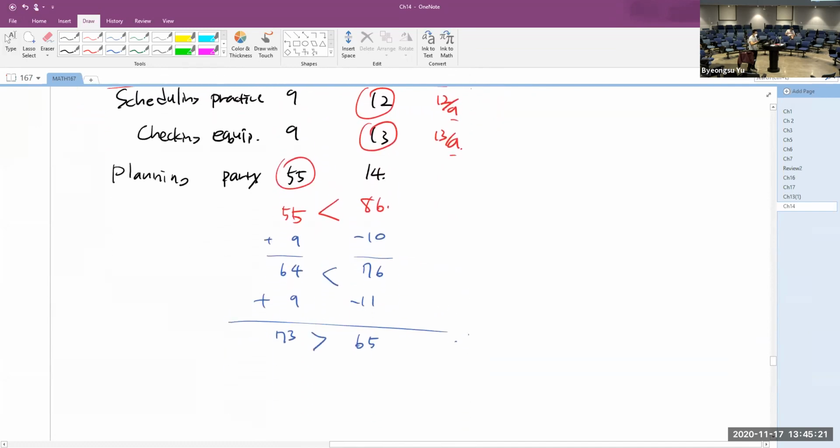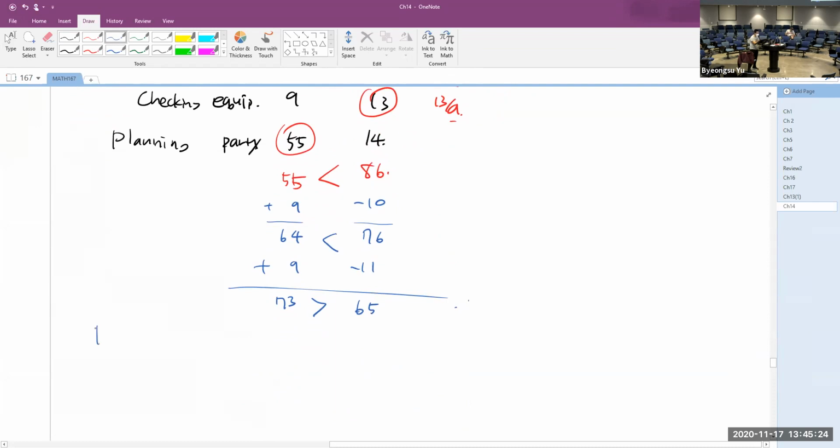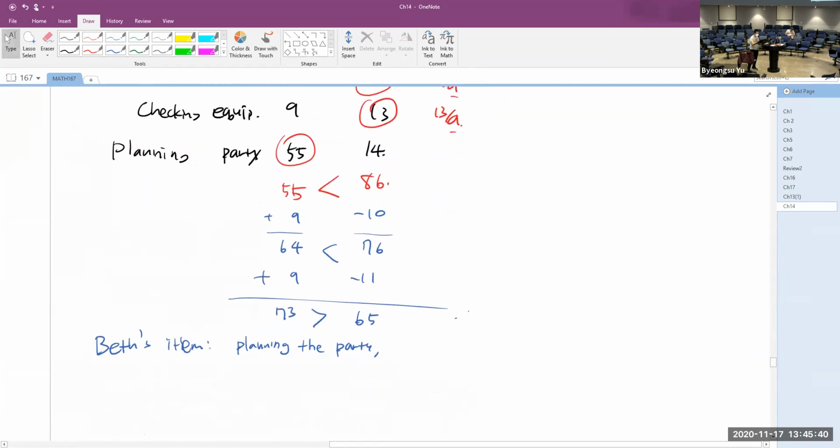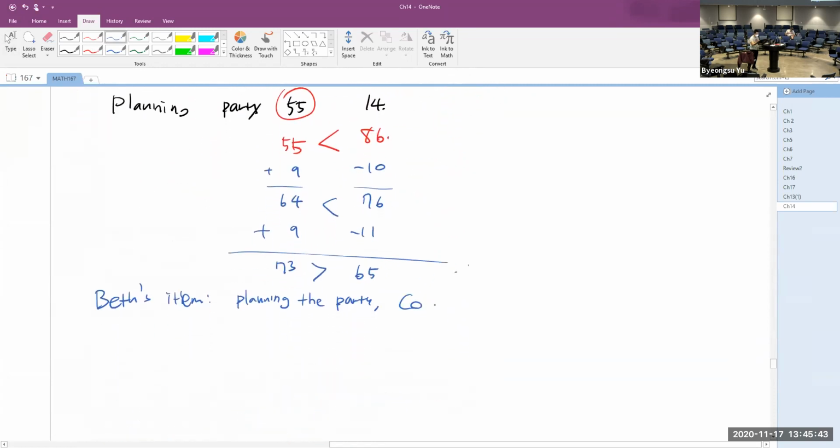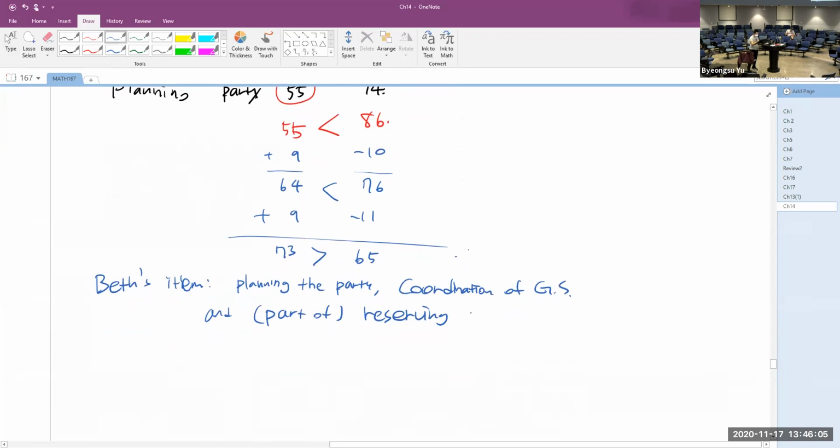So in that case, what we know is that Beth's items should be planning the party and the coordination of game schedule, and part of, not full, but part of reserving the field, right?